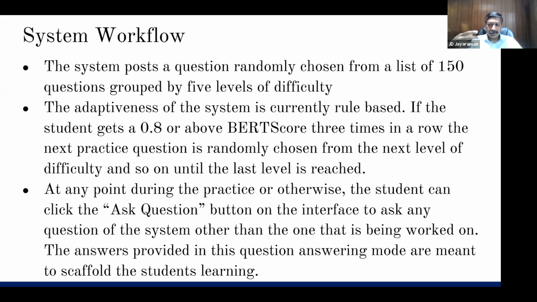Then the system becomes adaptive based on, again, rules. It's a fairly straightforward rule-based adaptivity, and not necessarily intelligent adaptiveness. So if the student gets 0.8 or above 3 times in a row, we go on to the next level of difficulty, and so on.